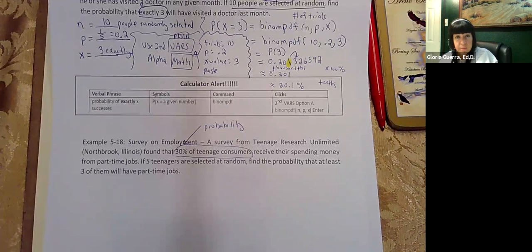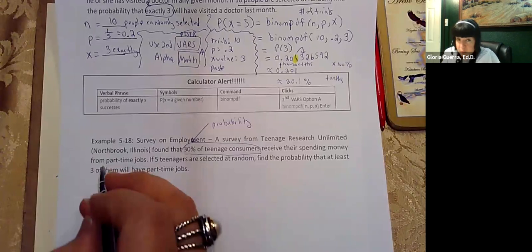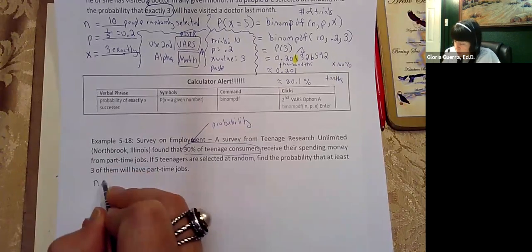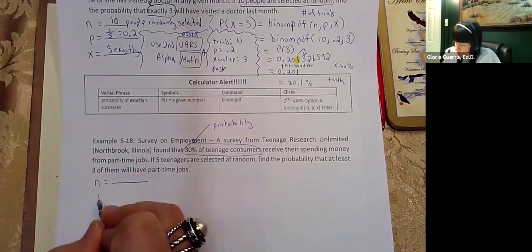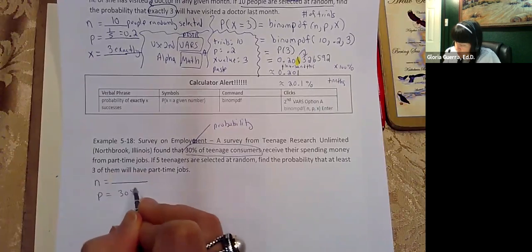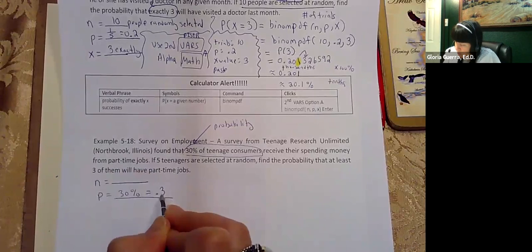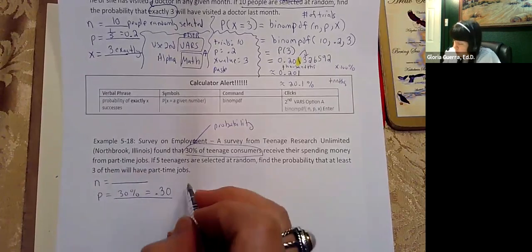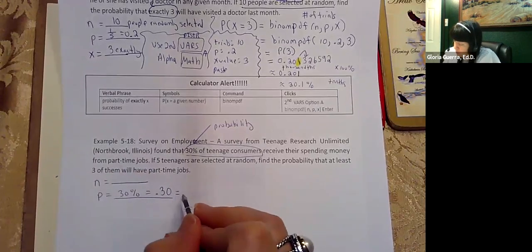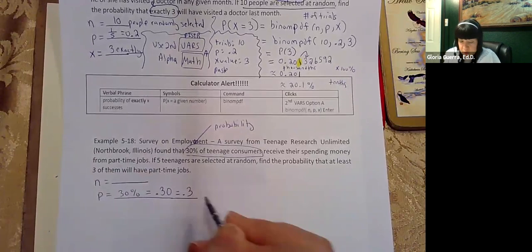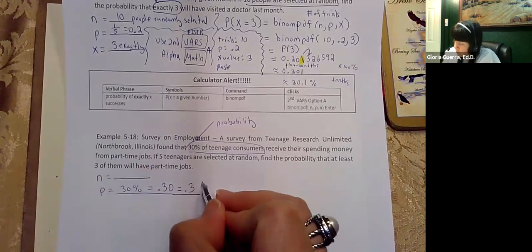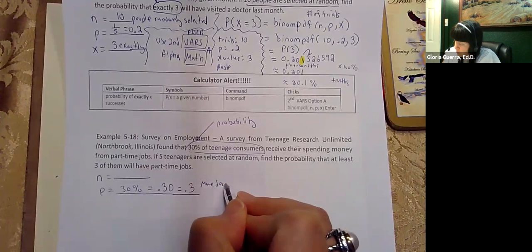So that's your probability. That would be 0.30 for your probability. So I'm going to put here n equals blank, p equals 30%, which is 0.30. You move the decimal 2 places to the left, which is just 0.3.